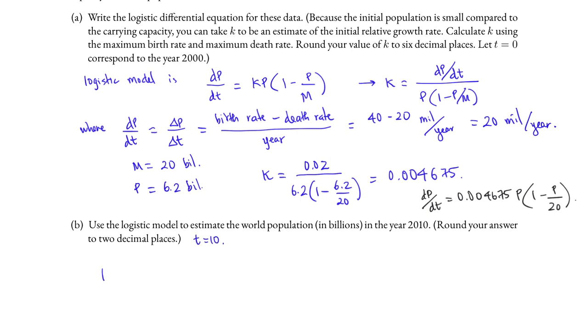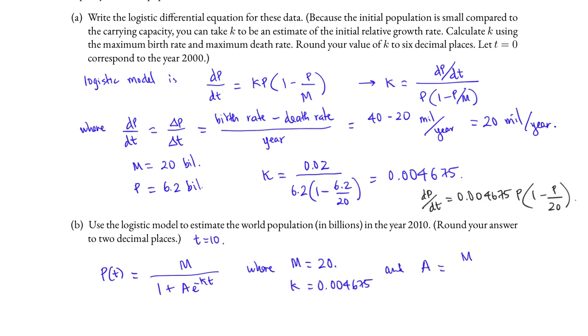To estimate the population in 2010, we use the solution to the logistic model, which is M over 1 plus A e to the negative kt, where M is the carrying capacity, 20. K we found to be 0.004675, and A is (M minus P naught) over P naught, where M is 20 and P naught is 6.2.